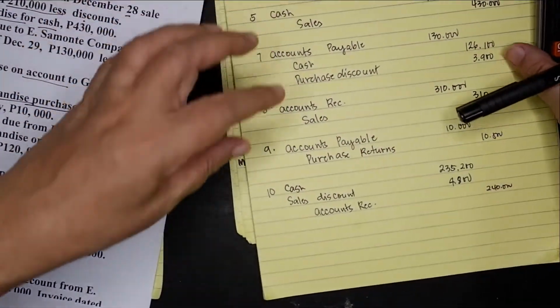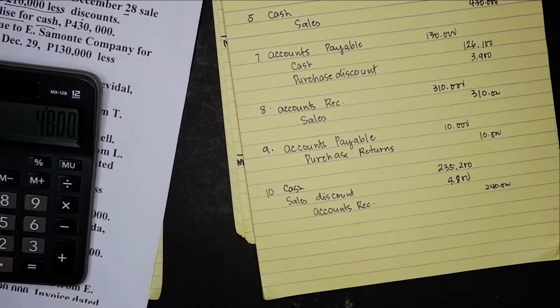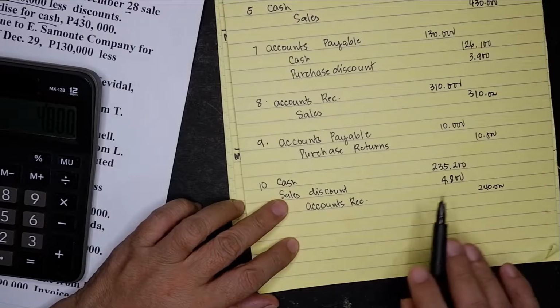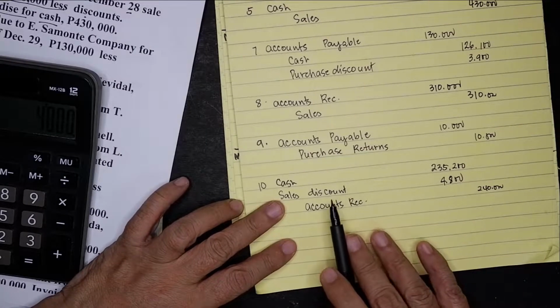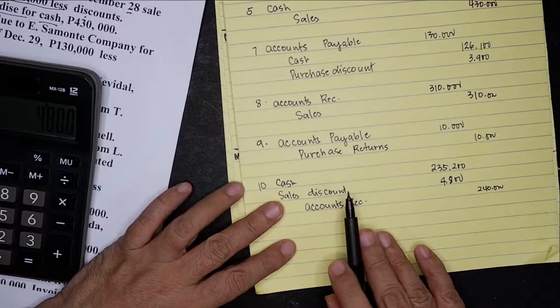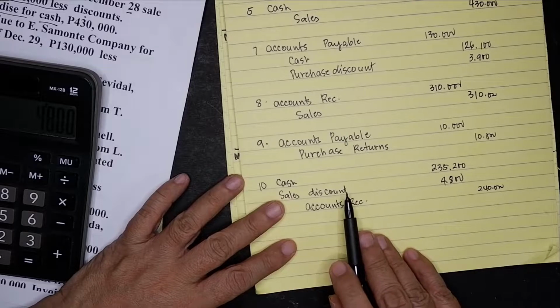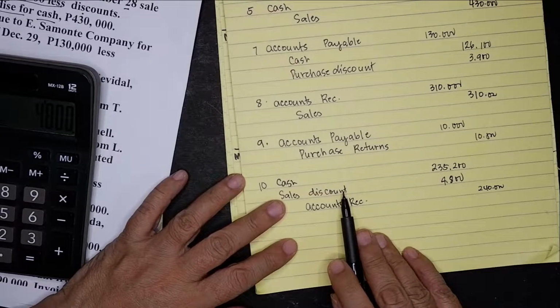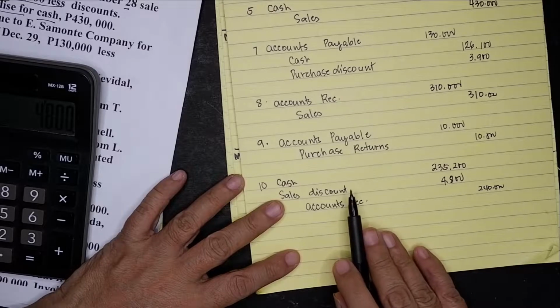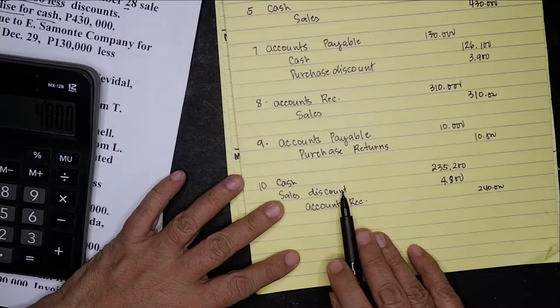Okay, take note. We only record our discount, whether that is sales discount or purchase discount, when we pay the account in case of accounts payable or purchase discount, or when we receive the payment in case it is a sales discount.